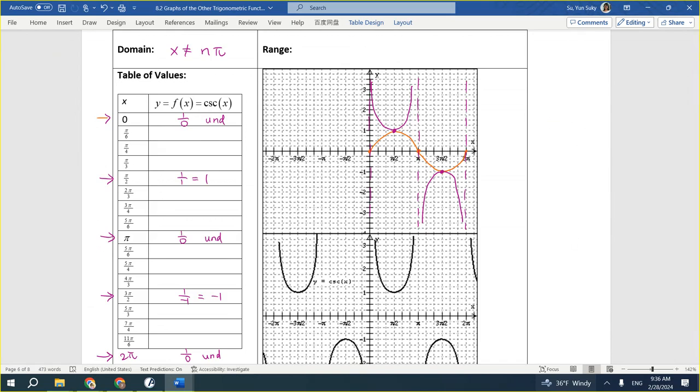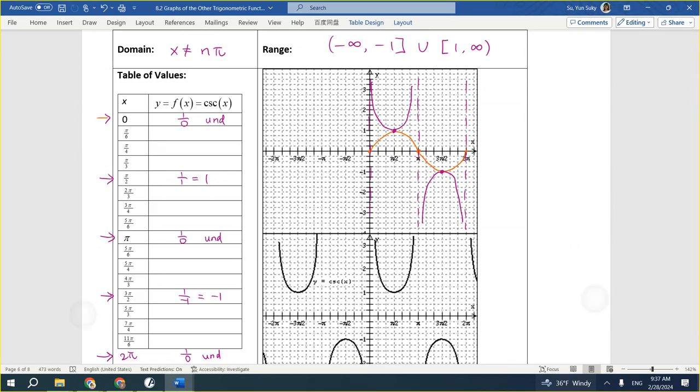How small can y be? Minus infinity to minus 1, include minus 1, and then union. Exactly. So look at the graph and we can figure out the domain and the range.